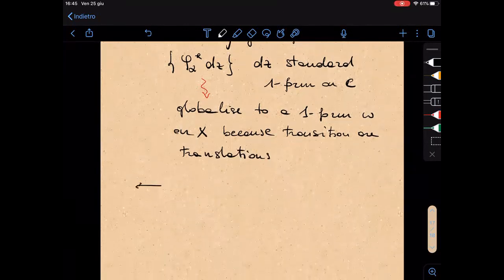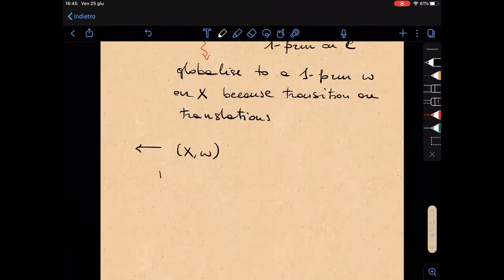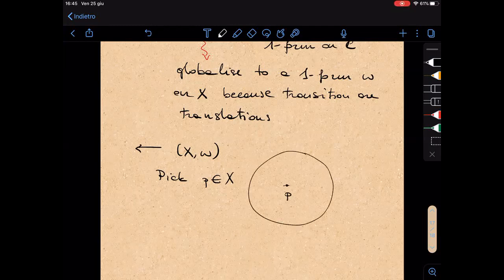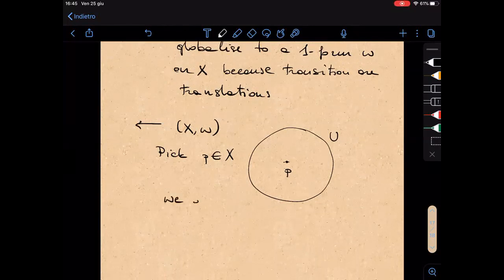In the other direction, suppose we start with this couple, then pick p any point on X. Suppose here is my point p and here is my open set U. We define a new chart on U as follows.